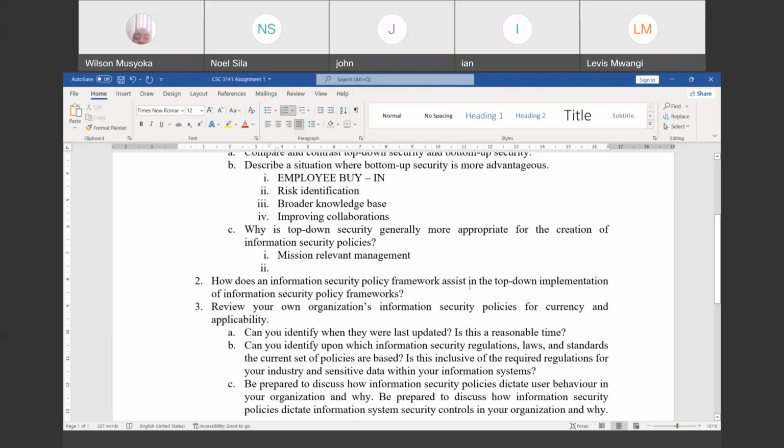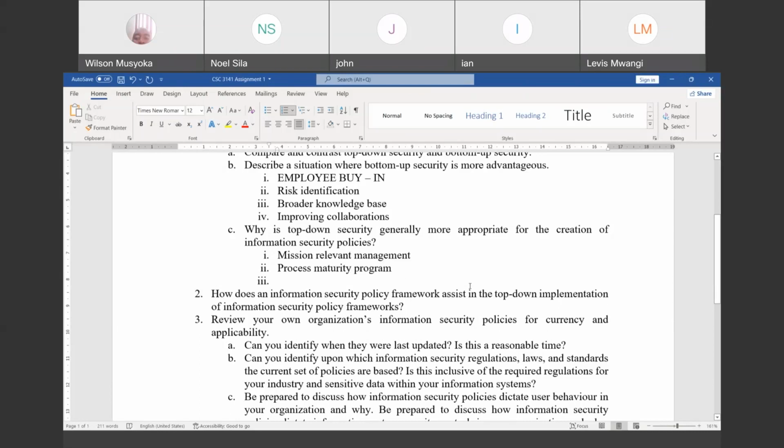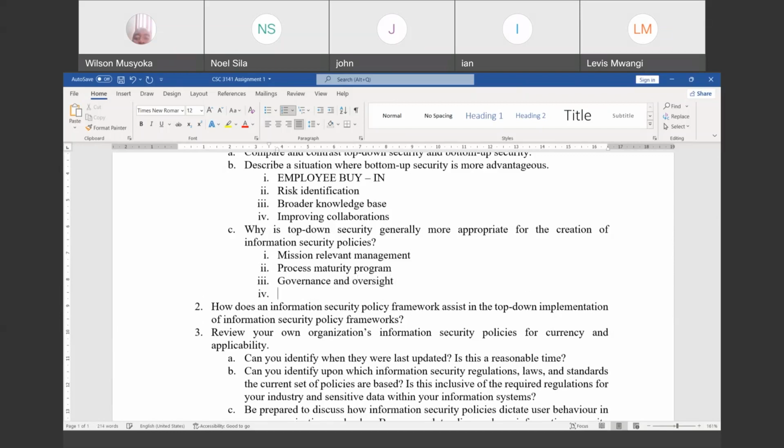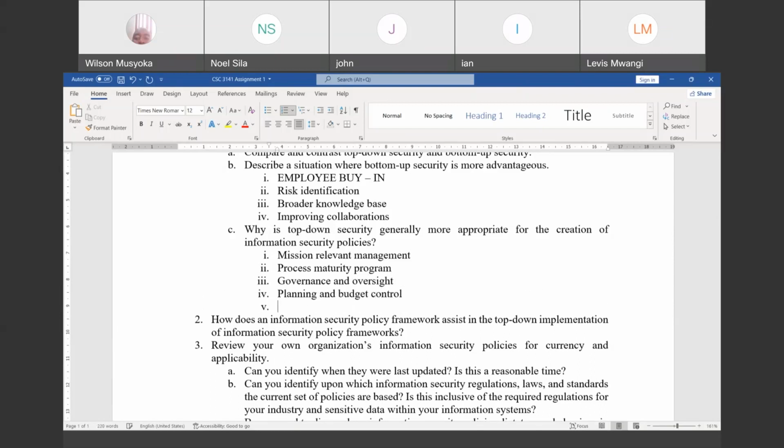So we can talk of a process maturity, also where we need governance and oversight, also where we need planning, budget control, also in places where audit, compliance, support is.